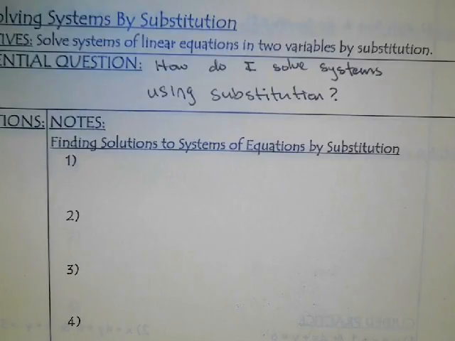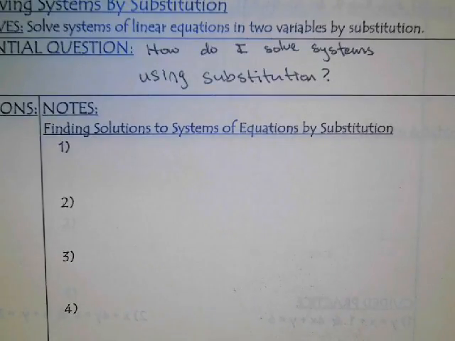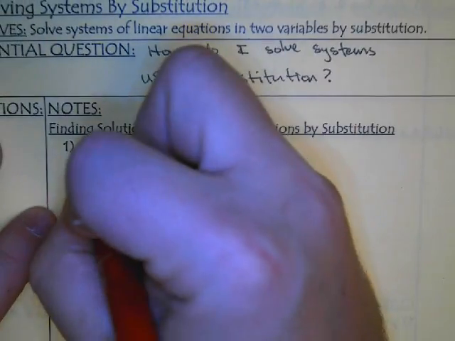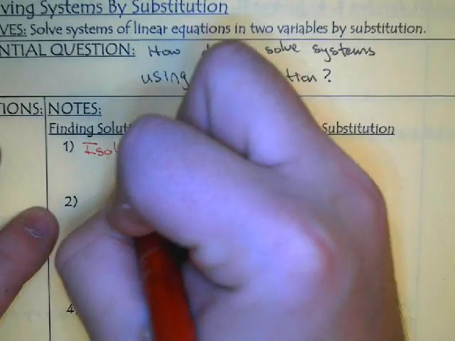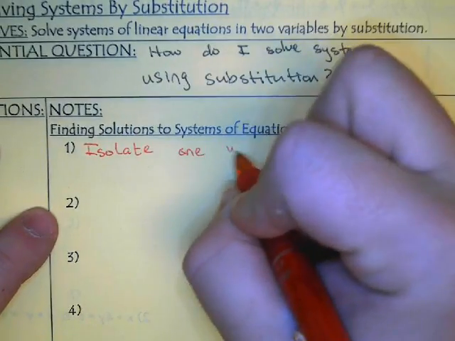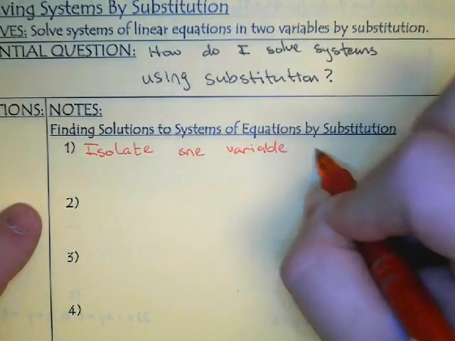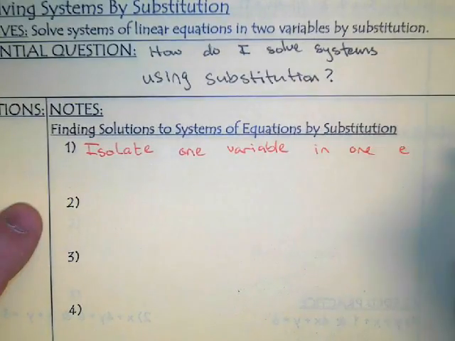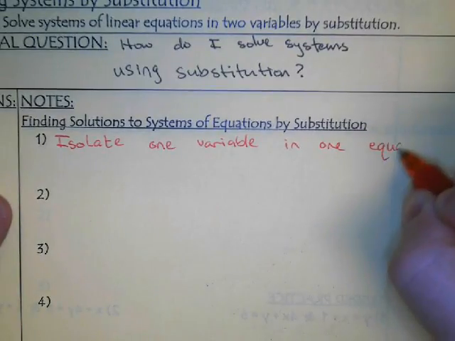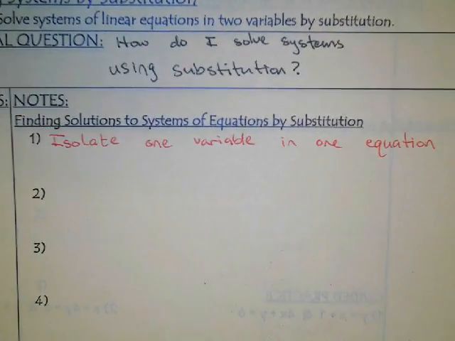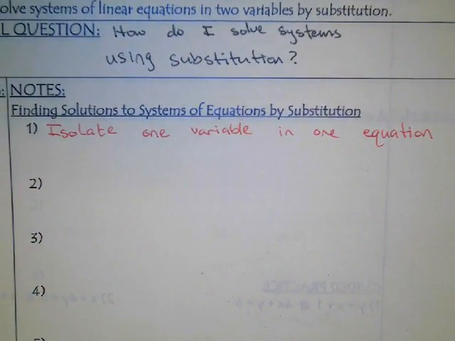So let's write down our steps first. Our first step will be to isolate one variable in one equation. So we'll try to get that x equals or y equals, try to get one of those variables all by themselves, isolated, and then whatever that x or y is equal to will be plugged into our other equation.